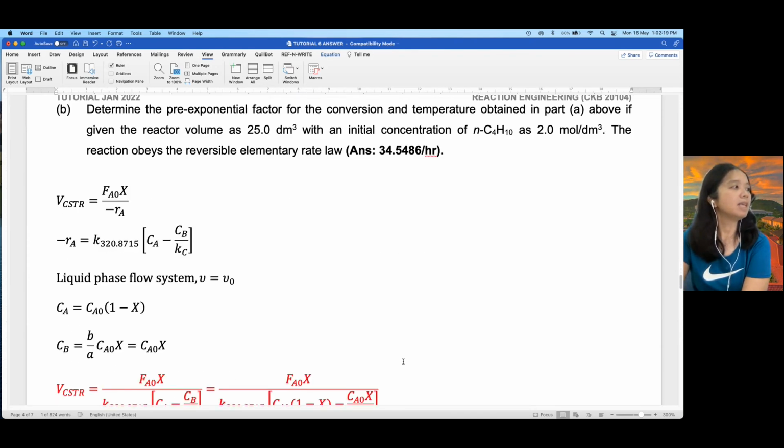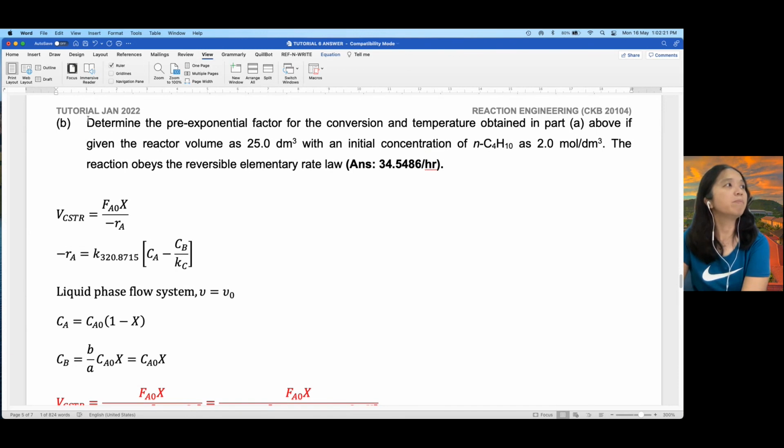So part B is to determine the pre-exponential factor A in the Arrhenius equation. So you know definitely you will have to use the Arrhenius equation to find A, for the conversion and temperature obtained in part A above.